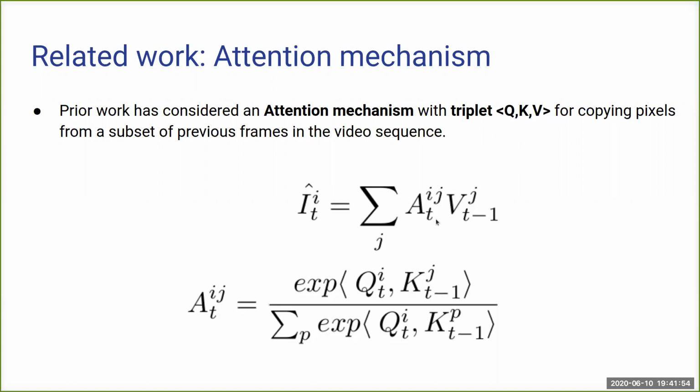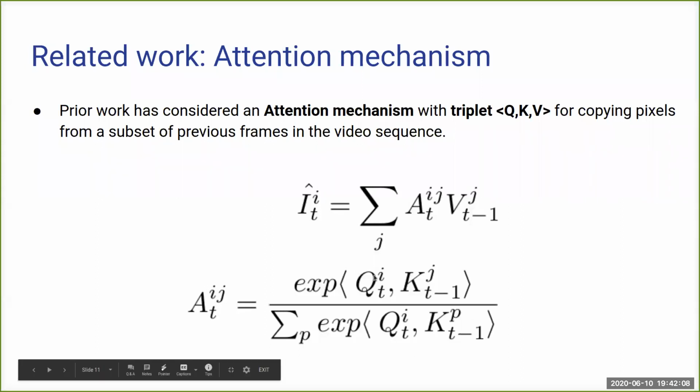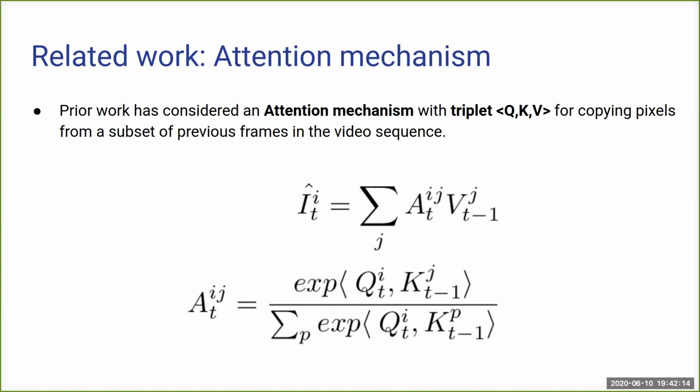A_ij corresponds to the feature similarity for pixel j in the T-1 frame compared to pixel i in the T frame. The A matrix, which is the affinity matrix, comes from the softmax implementation here. Q and K, query and key, are interesting vectors. You'll be hearing more about them later on in the presentation.